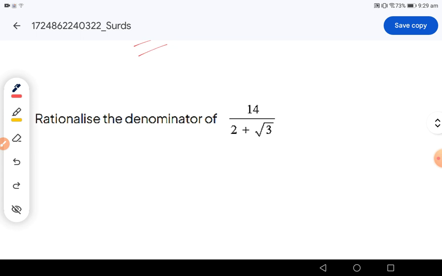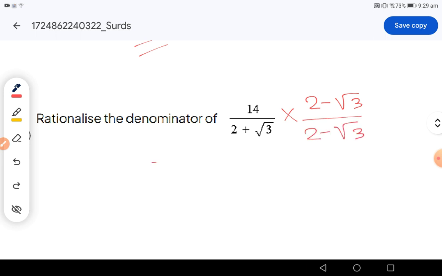Question 20: 14 by 2 plus root 3. So multiply by 2 minus root 3 and divide by 2 minus root 3. So here you have 14 (2 minus root 3) by a square, which means 4, and minus b square is 3.